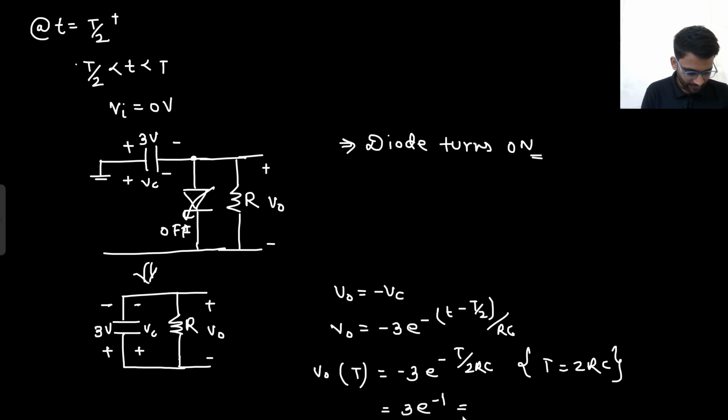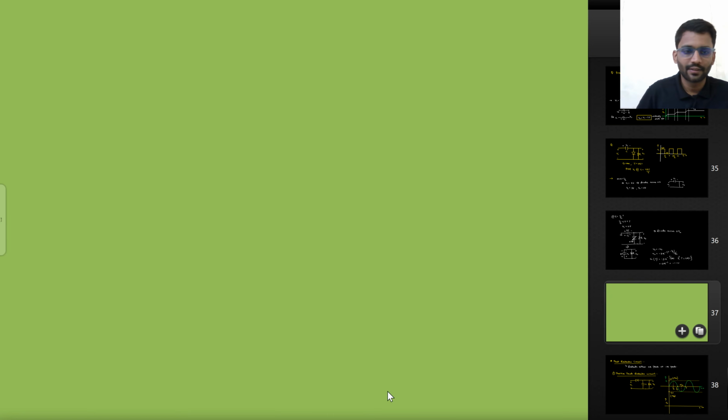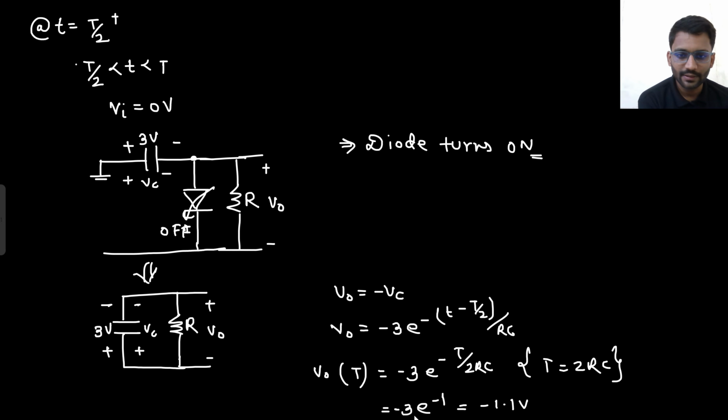Or we can calculate again. Yeah, 1.1, so it will be minus 1.1 volt. So basically, what did you understand here? Your V0 value at t is minus 1.1 volt.